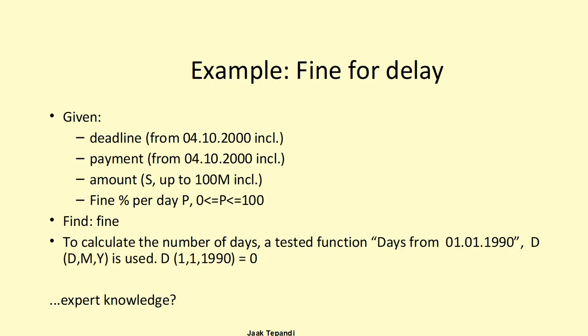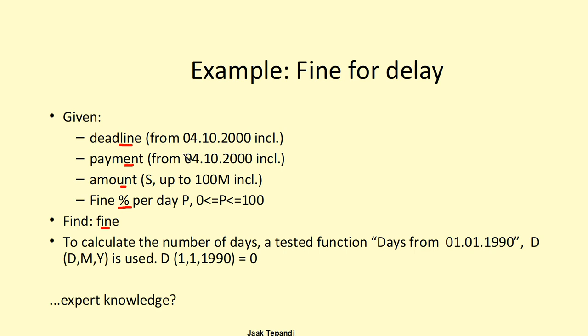Here is an example, fine for delay, where we have as inputs deadline, payment, amount, and fine percent per day, and we want to find fine. Now we can have different expert knowledge here.